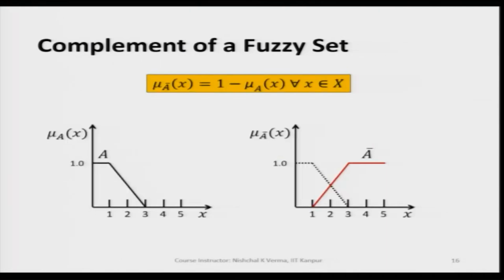To understand the complement of a fuzzy set better, let us take this example. Here we have a fuzzy set A, and please note that this fuzzy set is a continuous fuzzy set.